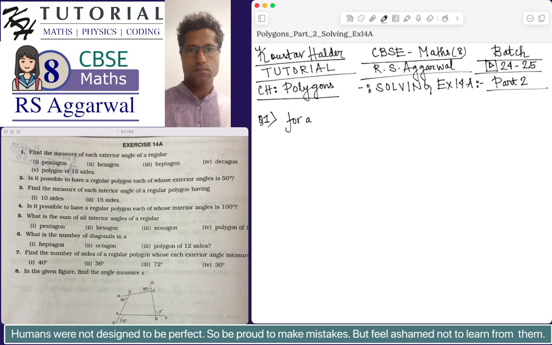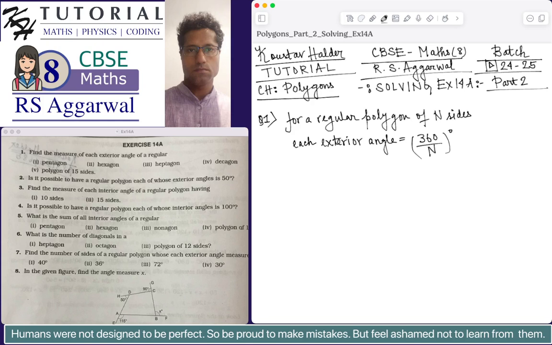for a regular polygon of n sides, all the exterior angles are equal, and each exterior angle is equal to 360 divided by n degrees. This is the measure of each exterior angle of a regular polygon of n sides.